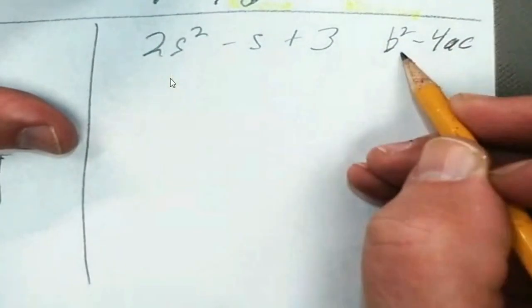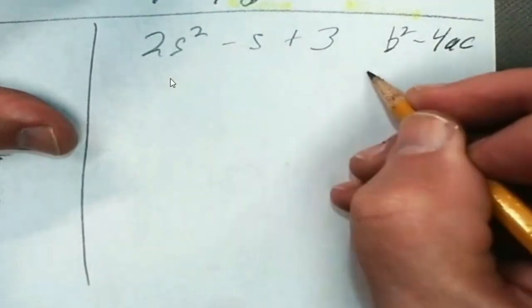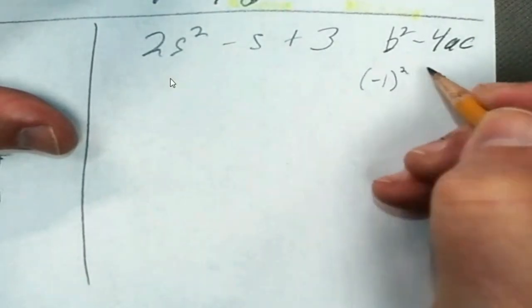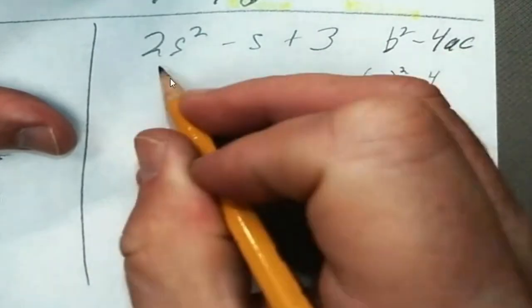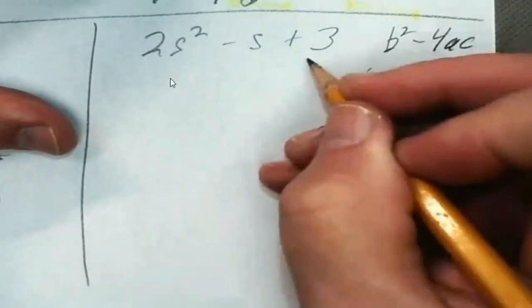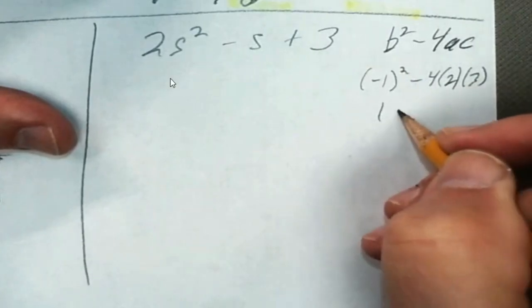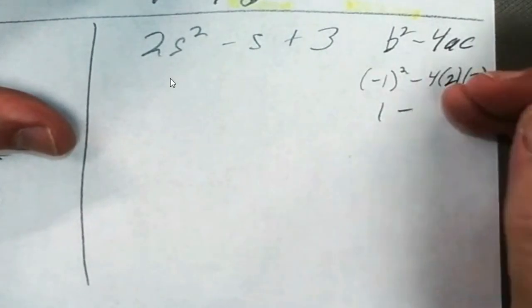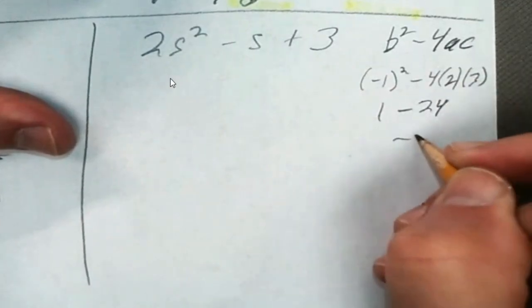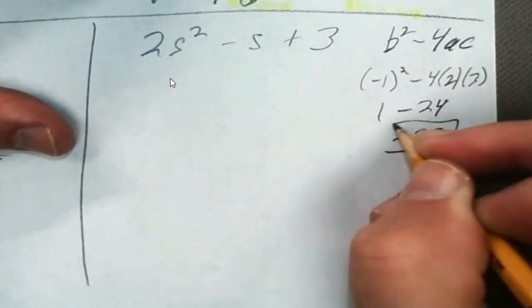So b squared. Well, b is negative 1 squared minus 4 times 2 times 3. So negative 1 squared is just 1 minus 4 times 2 is 8 times 3 is 24. Oh, look, our discriminant is a negative.